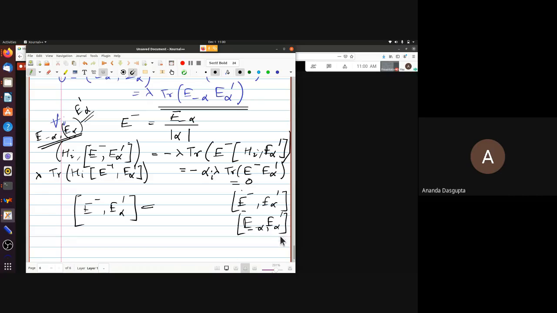So what's the weight corresponding to this? Or what's the root in particular, because we're in the adjoint representation? Yeah, quickly. This is something we did already. What was the root corresponding to E minus alpha comma E alpha? This is what we did just a while ago.